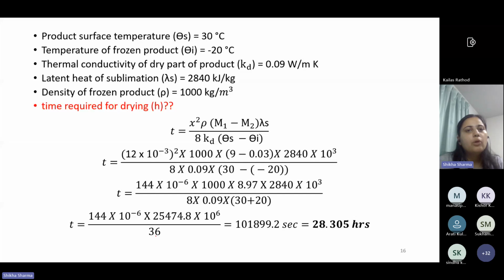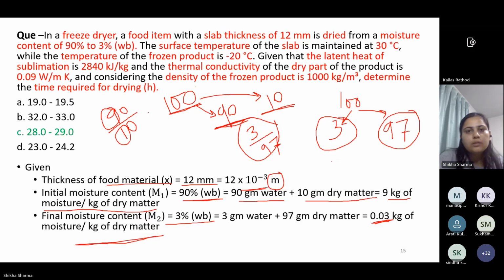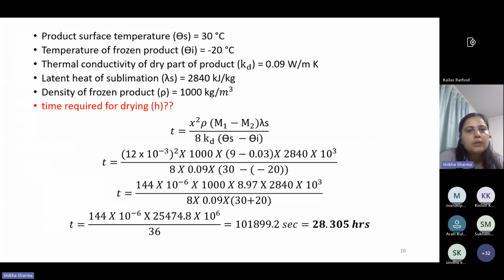Then we have the product surface temperature, which is 30 degrees Celsius as given in the question, and minus 20 degrees Celsius is the temperature of the frozen product.